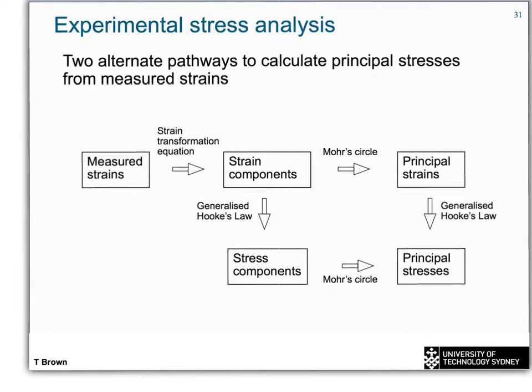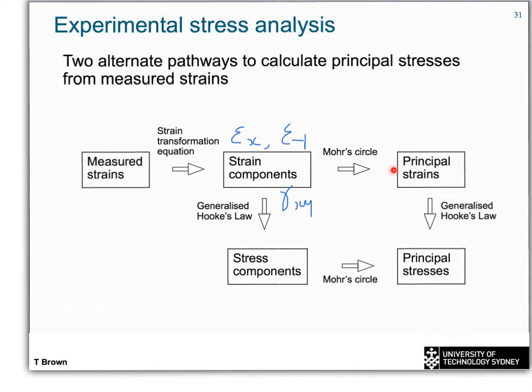So in the experimental stress analysis process, we can actually go two pathways to find our principal stresses from the measured strains from strain gauges. Here we have our measured strains from the strain gauges. We use our transformation of strain equation to find the strain components, so strain X, strain Y, and the shear strain XY, for example.